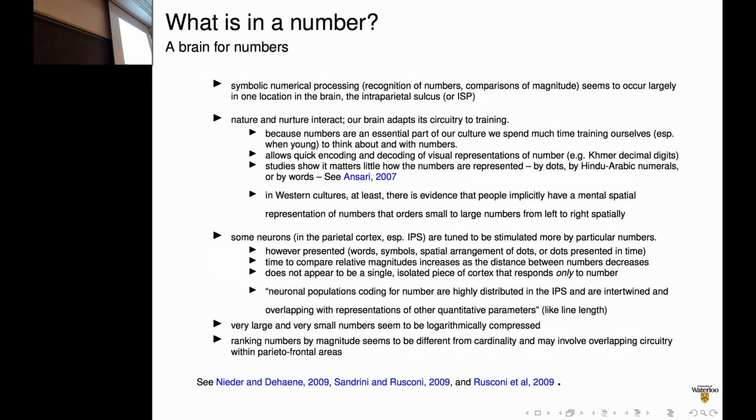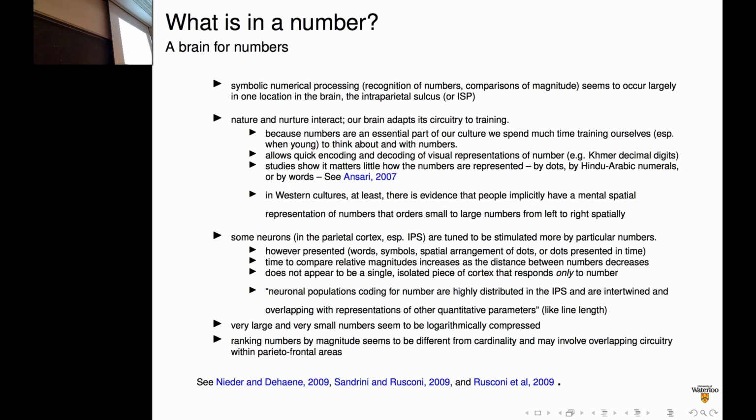And as we saw with the cultures, nature and nurture both interact. But our brains are fairly plastic, so they adapt. The circuitry adapts to what it's exposed to. And so, because numbers are an essential part of our culture, we spend much time training ourselves, especially when young, about numbers. It's a very important part of our culture to think about numbers and work with numbers.